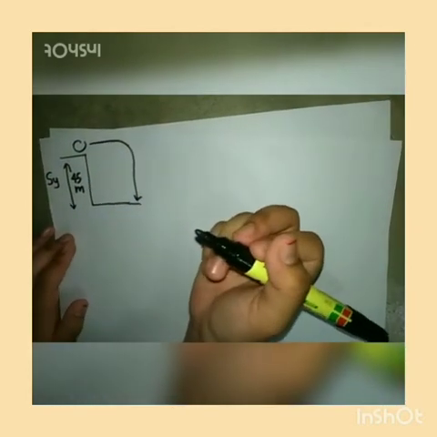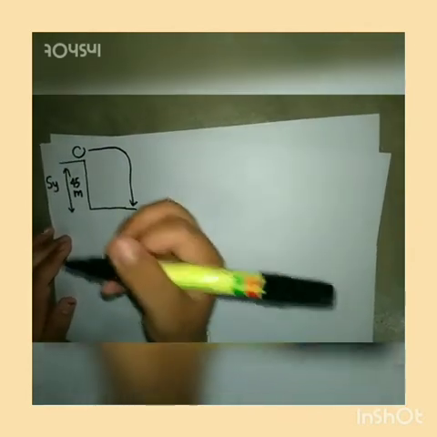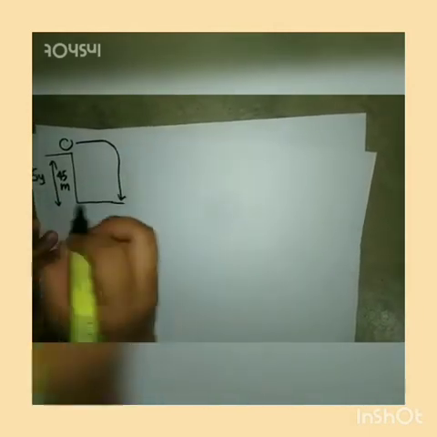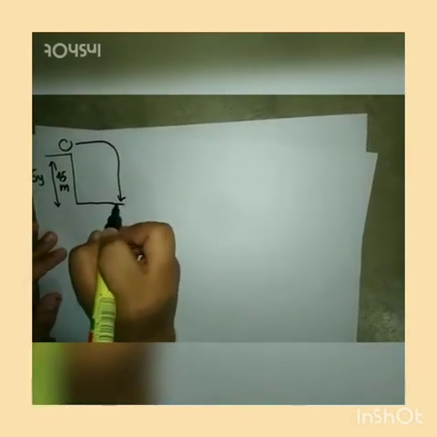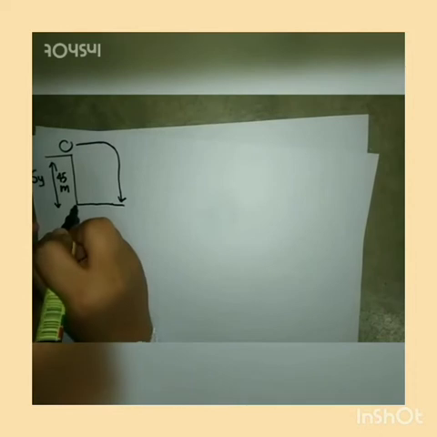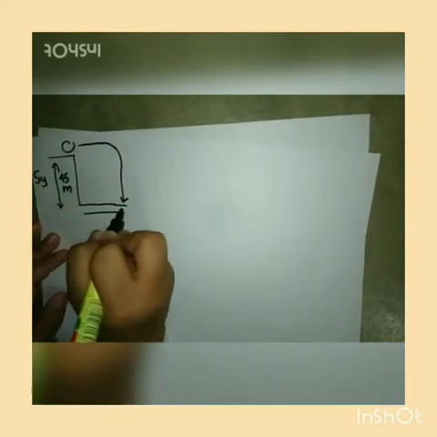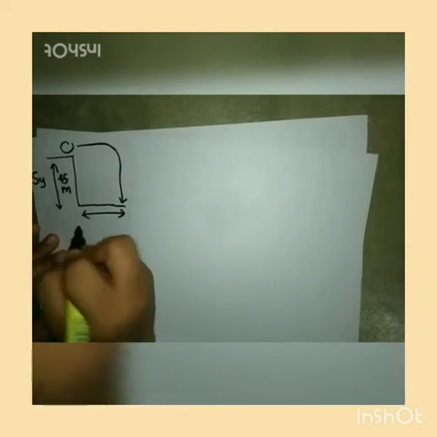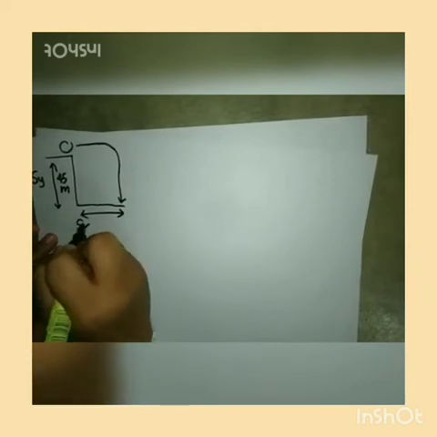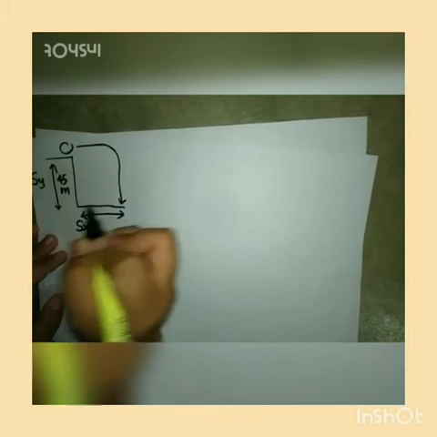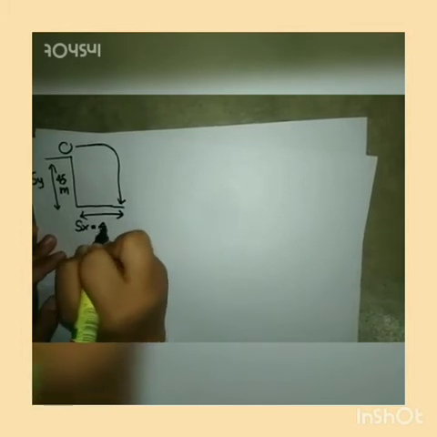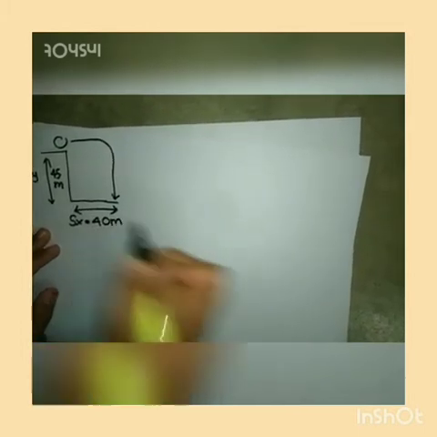And it says its distance is 40 meters from the base. So this is the place where the ball lands, and this is the base of the building. We assume that Sx, which is the displacement for component x, equals 40 meters.